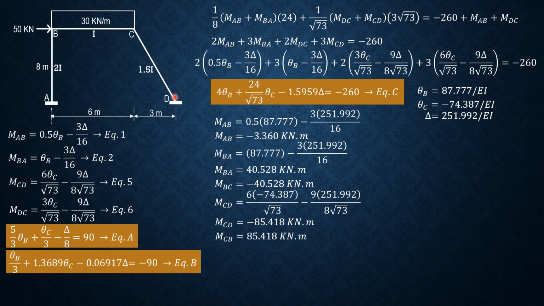Then MDC, 3 times theta C, negative 74.87 over square root of 73 minus 9 times 251.992 over 8 square root of 73. So MDC is equal to negative 59.299 kilonewton meter.